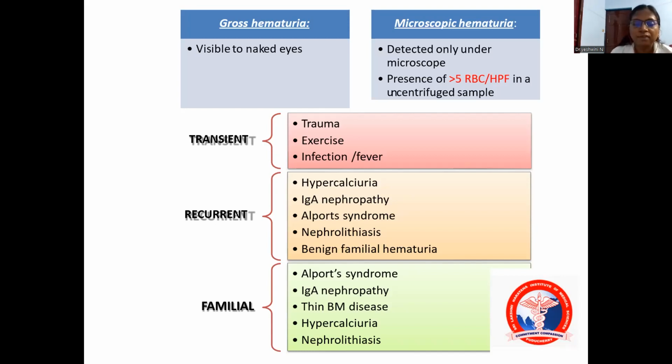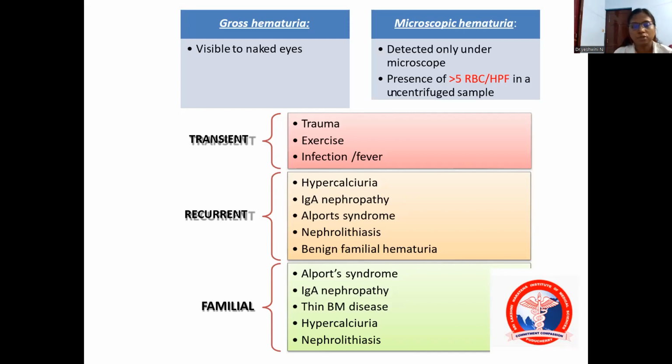This alpha 5 chain of type 4 collagen is also present in your cornea as well as your cochlea, leading to lenticonus as well as hearing loss. So you will have glomerulonephropathy, anterior lenticonus, and sensorineural hearing loss. Because of nephrolithiasis, you can also get recurrent hematuria, or benign familial hematuria.